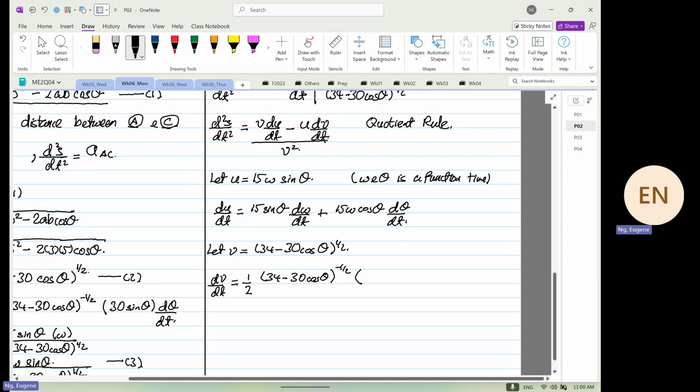Differentiate theta in terms of time is equal to 0. Cos, you differentiate, you become positive, negative, negative, become positive, and you get d theta over dt. So when you assemble everything together, you have 15 sine theta divided by 34 minus 30 cos theta power of half. Okay. And then you have the expression over here, d theta over dt.